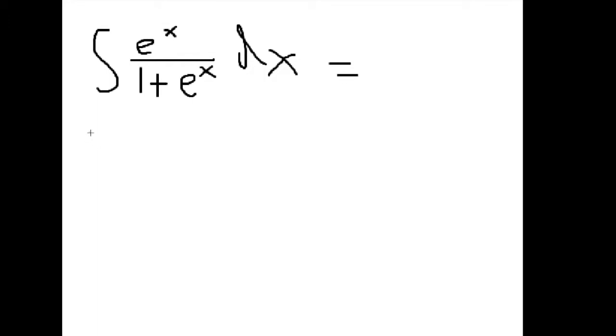Alright, so now we're going to go on to a fairly easy integral. This is on one of the multiple choice questions, but you should not need the multiple choice options for this. As you might be able to tell, this is a u-sub problem simply by looking at the e to the x over 1 plus e to the x. You should be able to recognize that fairly quickly. Then we're just going to make the u that 1 plus e to the x, and then du is just e to the x.